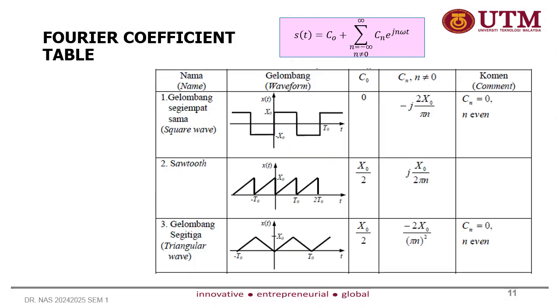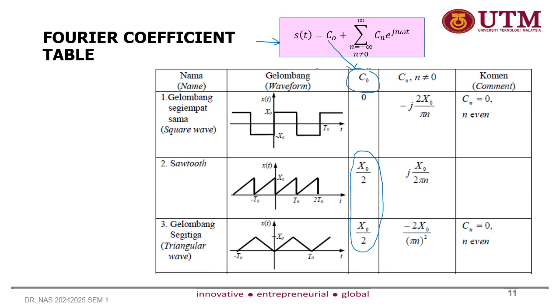Okay, this is how the Fourier coefficient table looks. So please bear in mind this general equation for the complex exponential Fourier series. From the table, you may notice there's a column for C0, in which this C0 in the equation will be replaced by whatever equation appears in this column, depending on the type of signal you have.